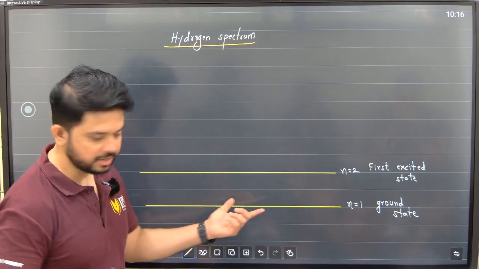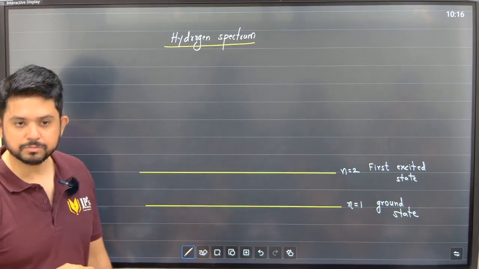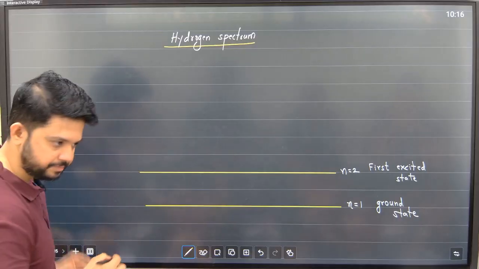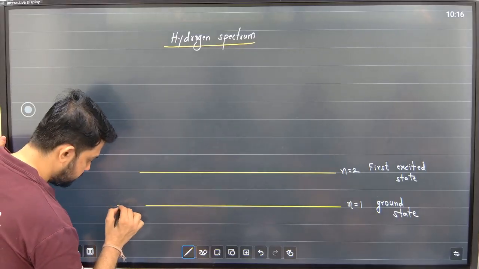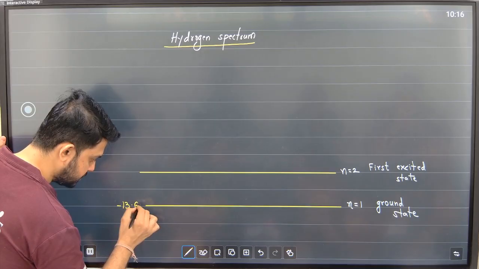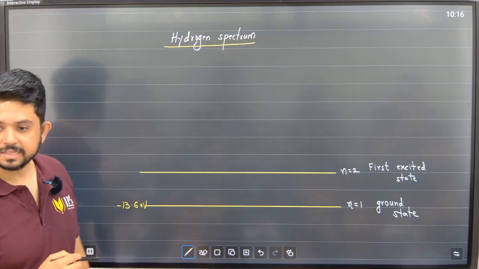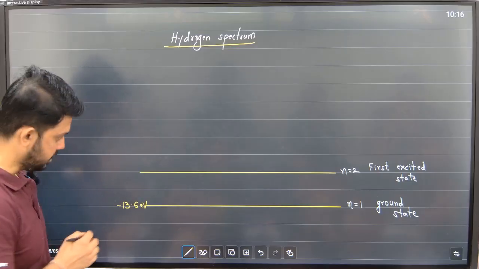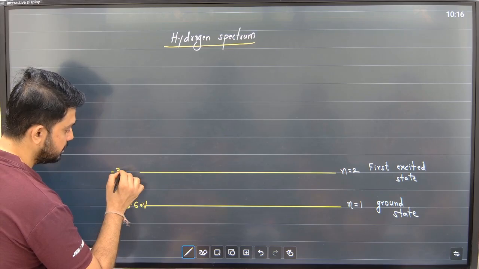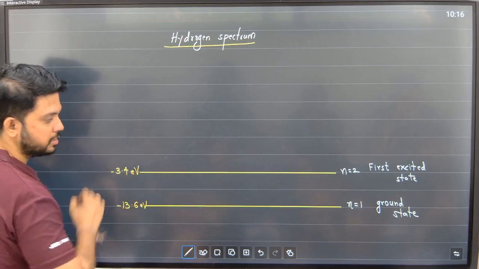Can someone give me the energy level of the ground state in terms of electron volts? Excellent. Minus 13.6 electron volts. What will be the energy in the second state? Minus 3.4. Lovely. Minus 3.4 electron volts.